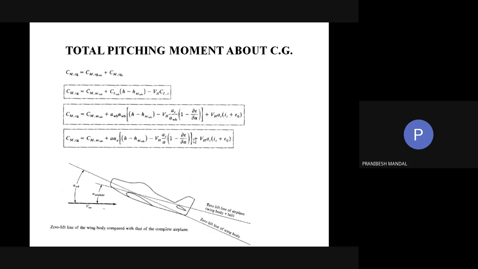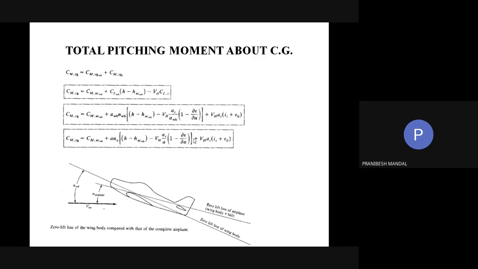And that particular value of H we call the neutral point, beyond which there may be no longitudinal balance of the airplane. Is the case clear? Yes, sir. It can be less than or equal, but if greater, there will be a problem.